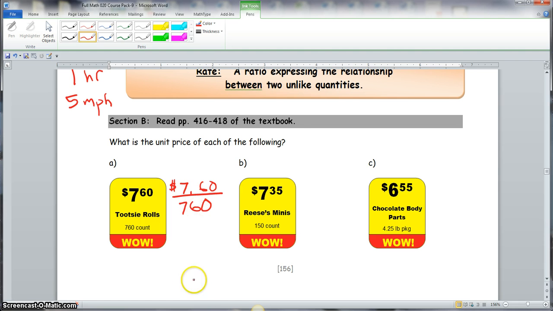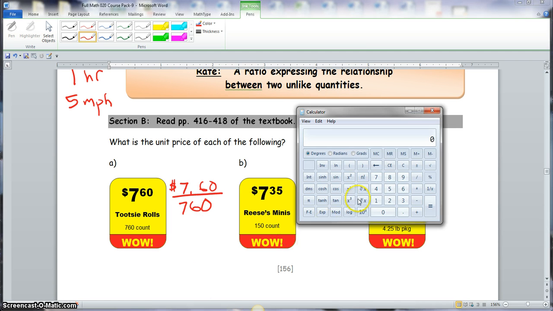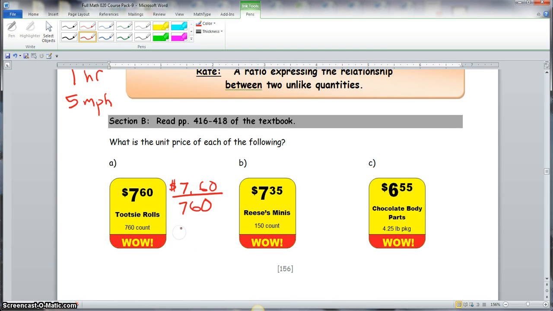Now what we would do next is, since we're in a section where we can use a calculator, take 7.60 divided by 760. It becomes 1 cent. So your final answer here is 1 cent per piece, or you could put 1 cent per Tootsie Roll.